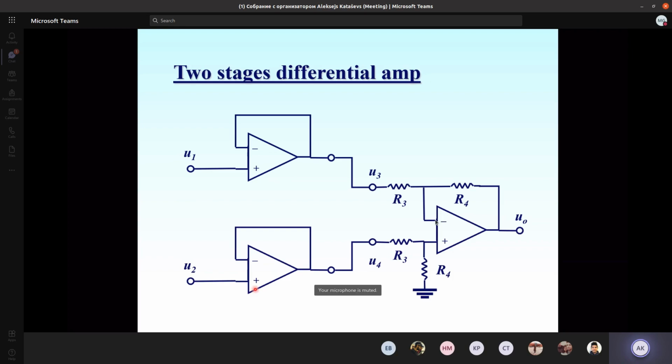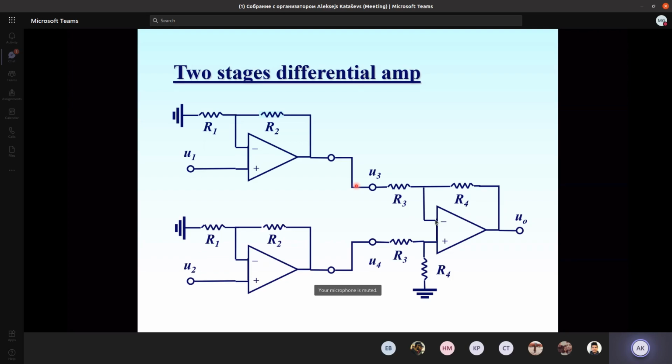If we already added these followers, we actually may get something more from them by adding not followers but non-inverting amplifiers. So for these non-inverting amplifiers, we already increase a little bit voltage U1 or U2. So the voltages which will be passed to the input 3 or 4 of the differential amplifier will be actually increased, will be higher.